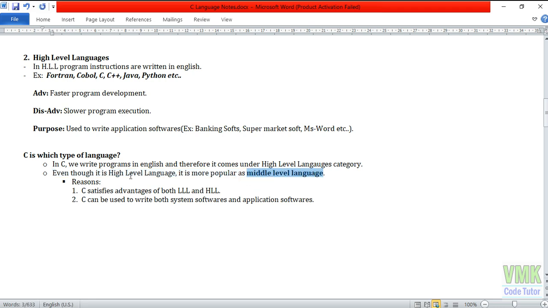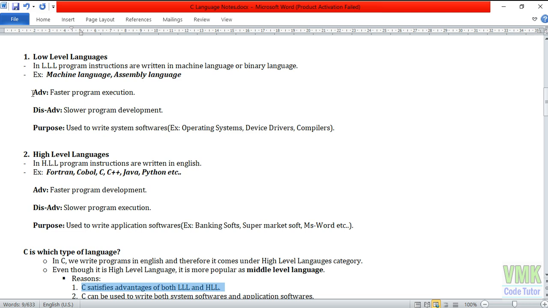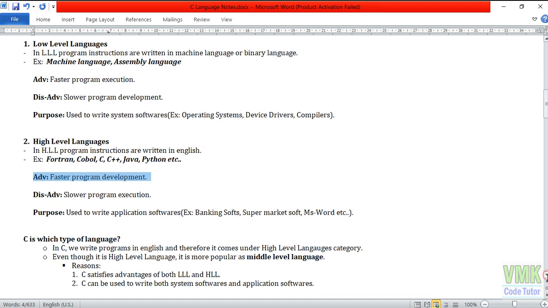There are two main reasons why C is called a middle level language. The first reason is that C satisfies the advantages of both low level language and high level language. The advantage of low level language is faster program execution, and the advantage of high level language is faster program development.